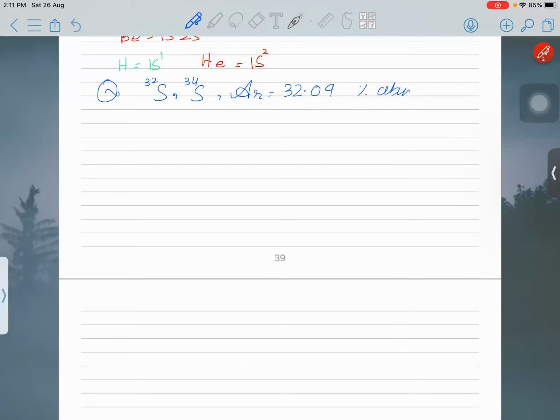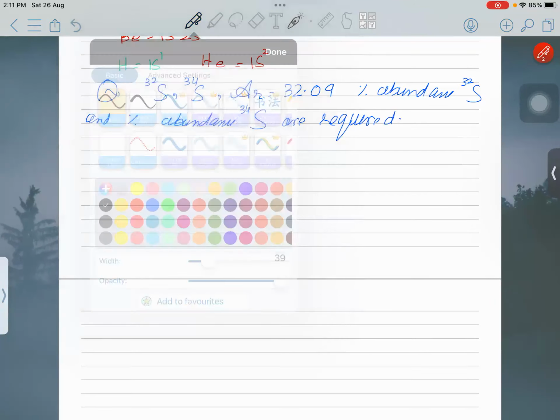Find the percentage abundance of sulfur 32 and sulfur 34. Can anyone tell me how to solve this question?